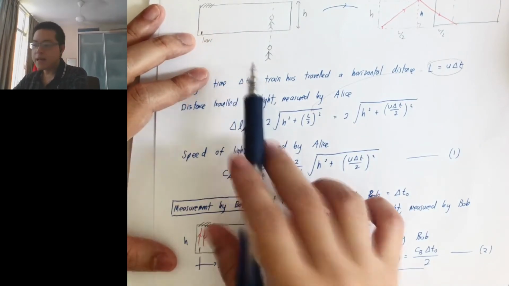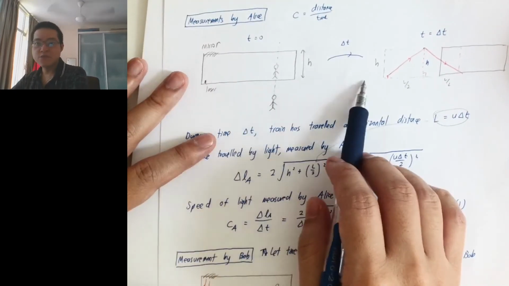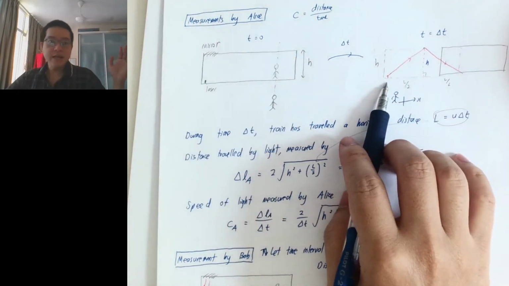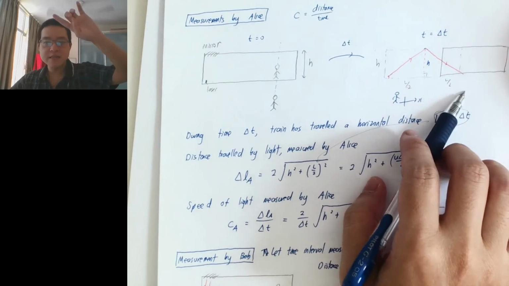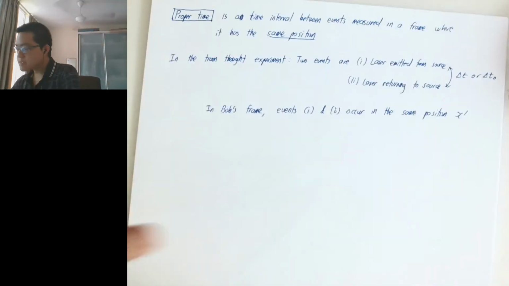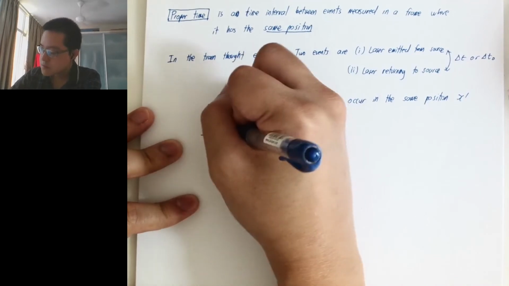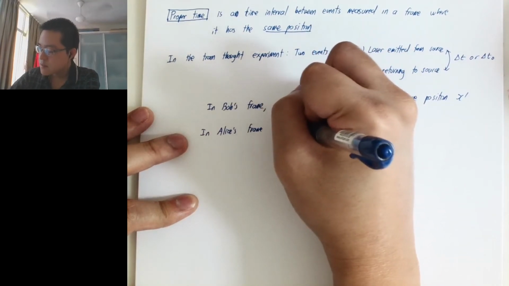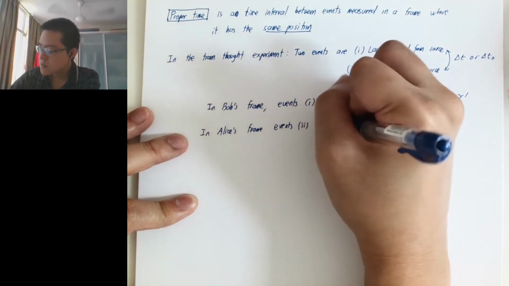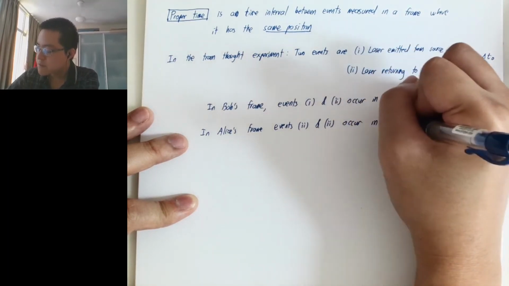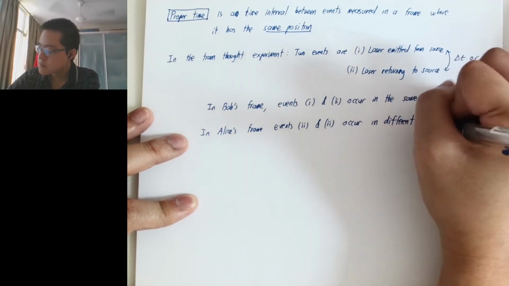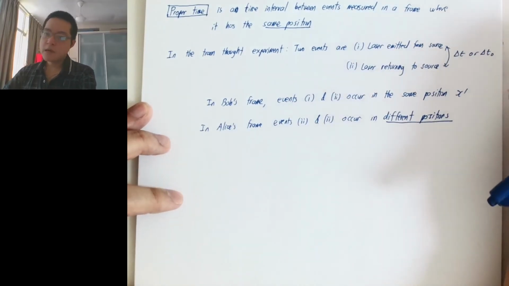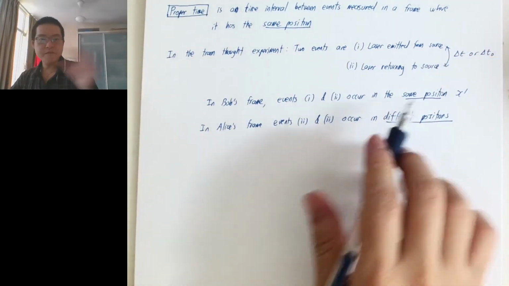But for Alice, if she uses a coordinate system, the laser coming out is in a different position than the laser coming back. So in Alice's frame, events 1 and 2 occur in different positions. That means same position for Bob, different position for Alice.